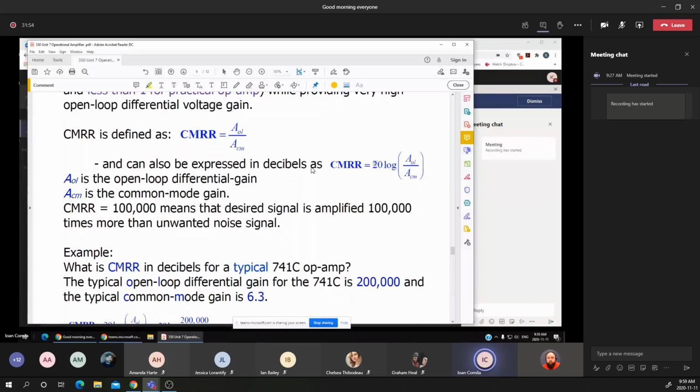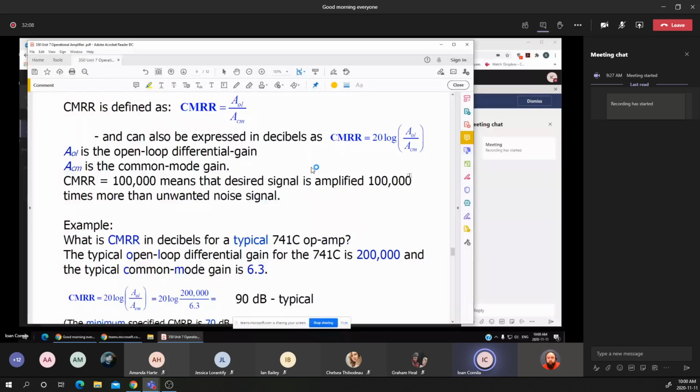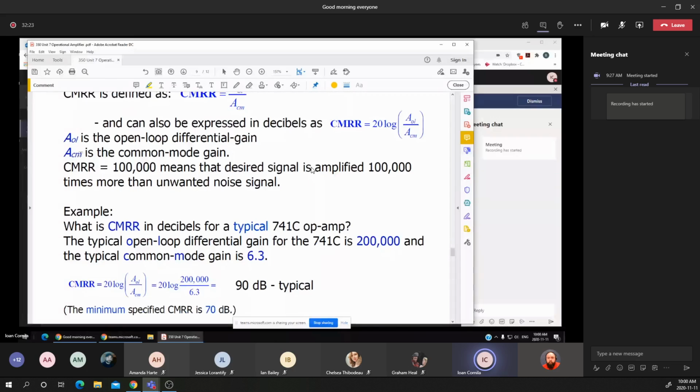But if we are looking to use the logarithmic scale, we can use 20 log of the AOL over the ACM, which is the gain for the common mode. Now, remember that the AOL is the open loop differential gain. Again, that's provided, given in the spec sheets of the op amp. The ACM is another parameter that is given by the op amp.